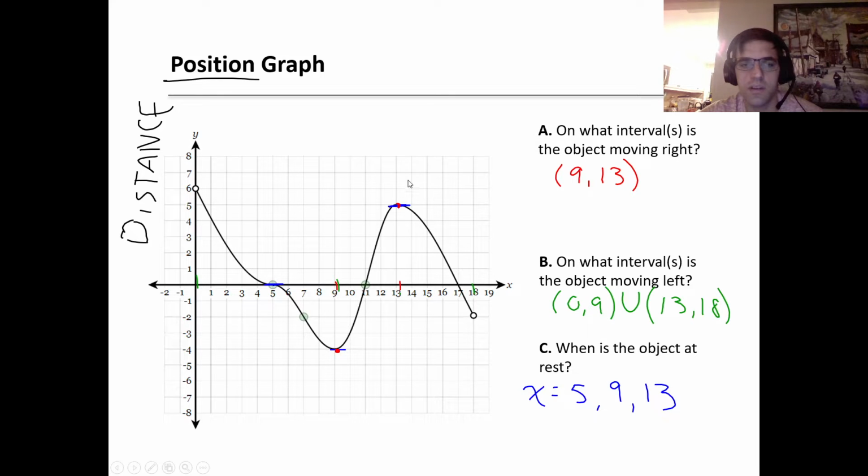So from 9 to 13, that means the other intervals are all the times when the object is moving left. So from 0 to 9, and then from 13 to 18. Any time where we have a flat tangent line, slope equals 0, 5, 9, 13, those are all points where our object stops moving for a brief point in time, or the instantaneous rate of change is 0.